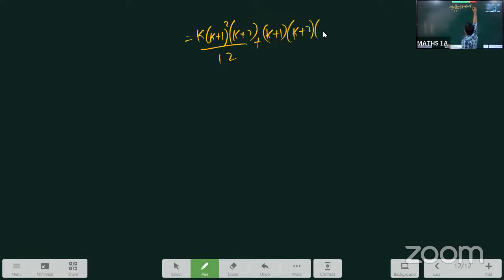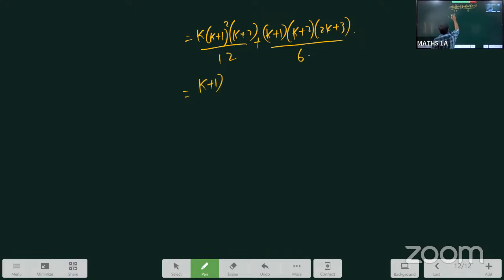Now, once again I write the RHS part, that is k into k plus 1 whole square into k plus 2 by 12 plus k plus 1 into k plus 2 into 2k plus 3 by 6. Now, whatever you can take common, you take common.